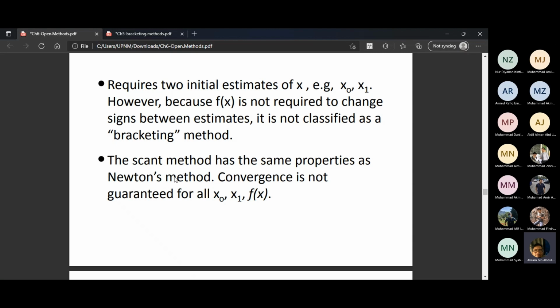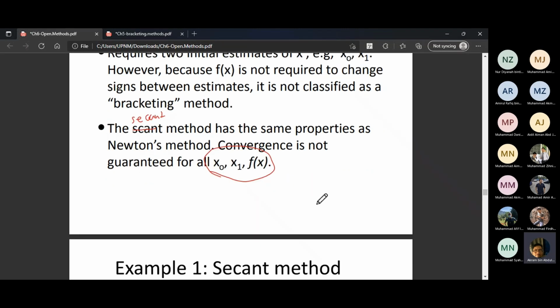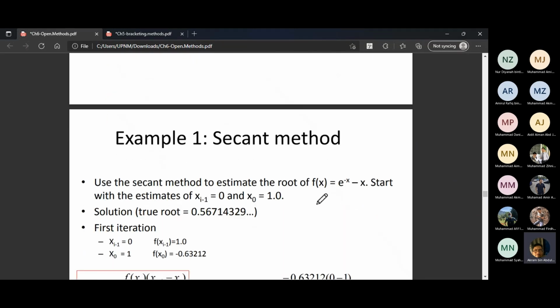The secant method has the same properties as Newton's method, and because of the same properties, the convergence is not guaranteed for all chosen values of x0, x1 and the function f of x. It may cause divergence sometimes.